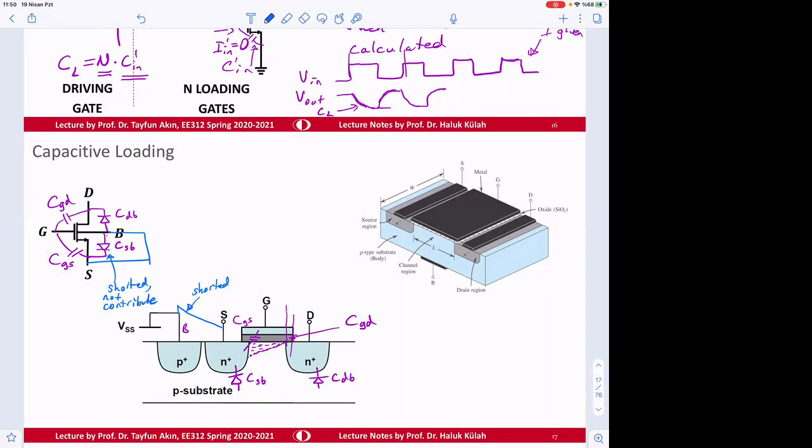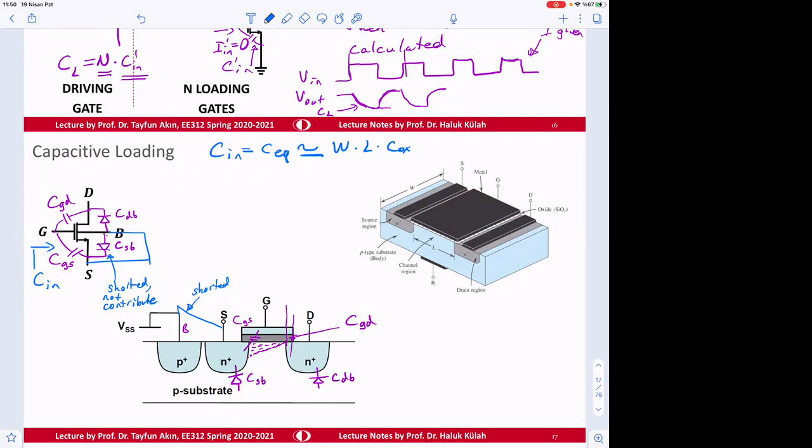And we will say that this C in, or I can say C equivalent, is going to be about W times L times C oxide.